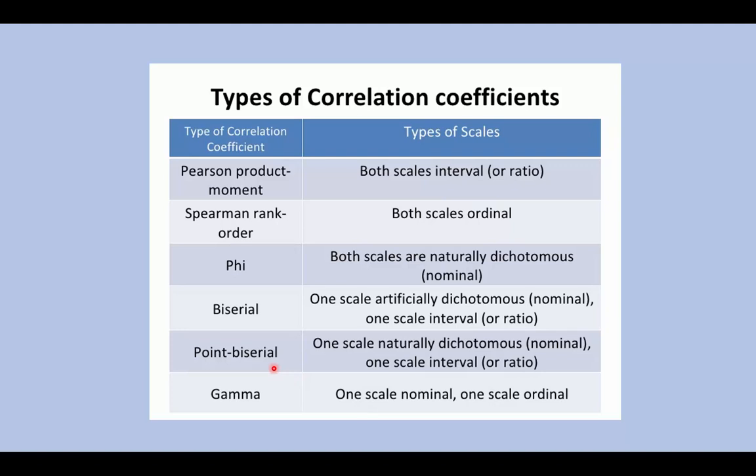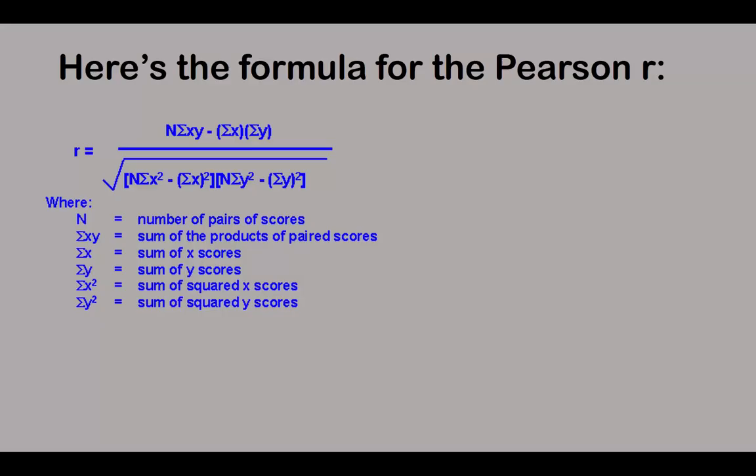For example, on or off. Point biserial takes a dichotomous nominal and compares it to one scale of an interval or ratio, and then the gamma takes one nominal and one ordinal. For most of the data that we're using and for the variables that you've chosen to collect, we're going to use Pearson because your scales are interval or ratio in nature.